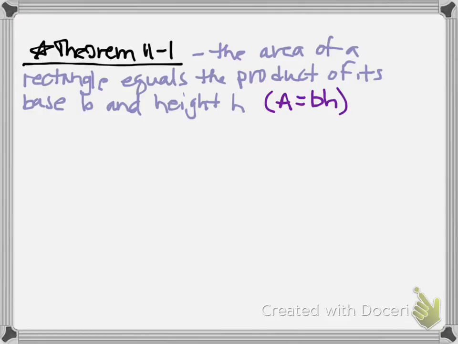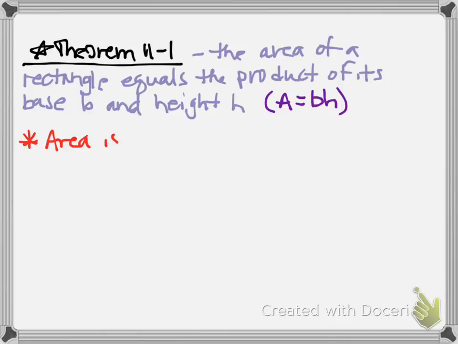So actually, let's do some practice and we'll do a proof afterwards. So one thing to keep in mind about area. Area has certain dimensions, and if we don't have the units right, then we're not actually demonstrating area.